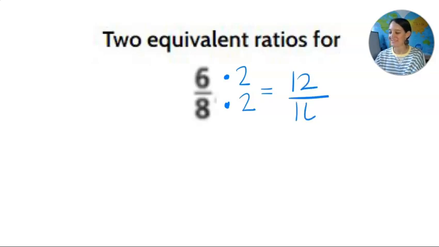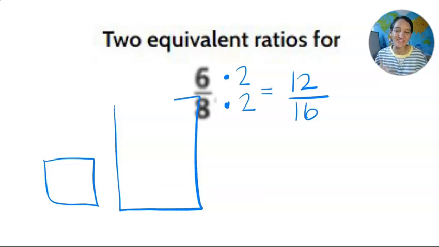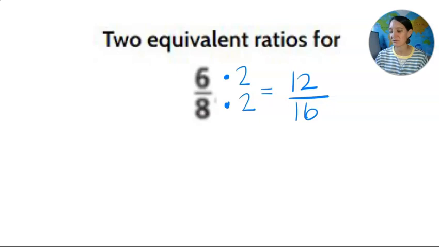So 12 to 16 is equivalent to 6 to 8. You could say it's double the amount. So if one picture was a 6 by 8 picture, the second picture was twice as big, but it still looked the exact same. So 12 to 16 is proportionate, or we could say it's equivalent to 6 to 8.